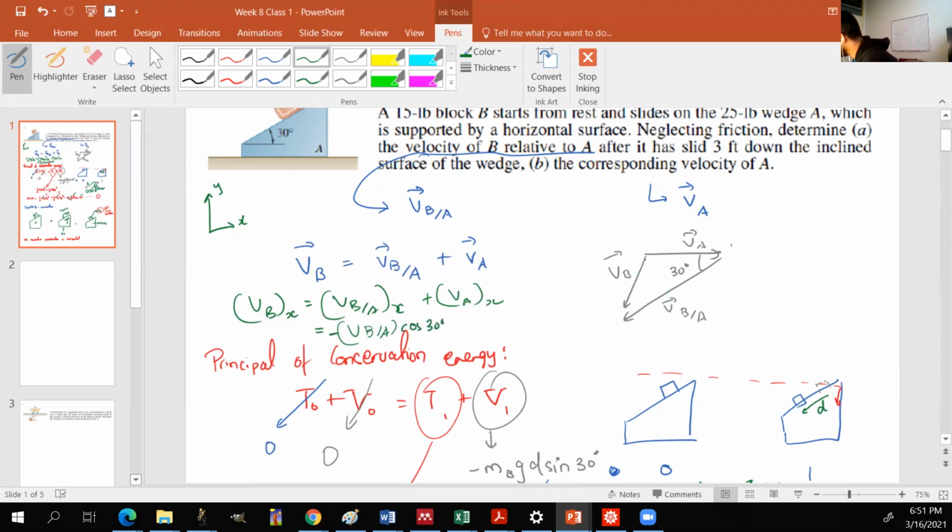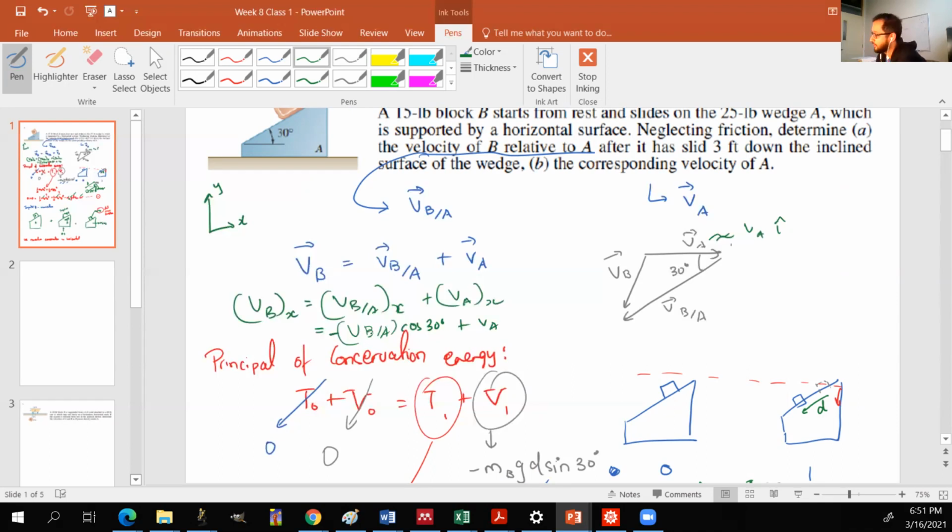So it's just the component in the horizontal direction plus VA. VA we've already set up, so this is just equal to VA I hat plus VBA cosine theta I hat minus VBA. So that's where this expression comes from.